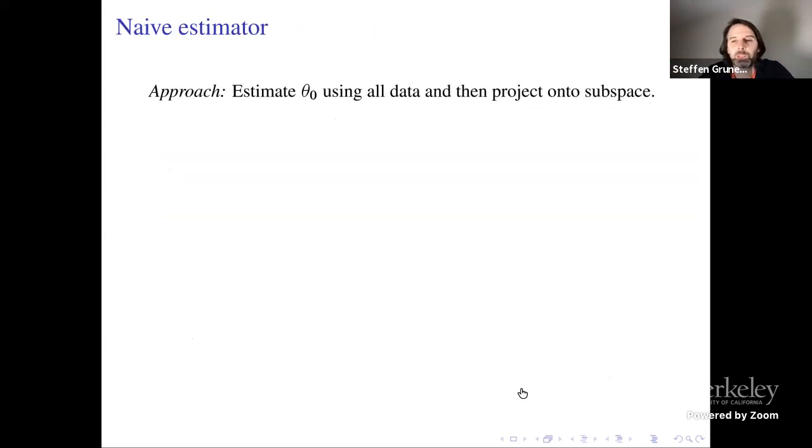Okay, so let's start with a simple estimator. Obviously, I need some estimation procedure to discuss this whole idea of profiting from old samples in new epochs. So let's start with something very basic. Just estimate θ null using all data from all the subspaces, from all the epochs, and project it onto the subspace in which you're currently at.